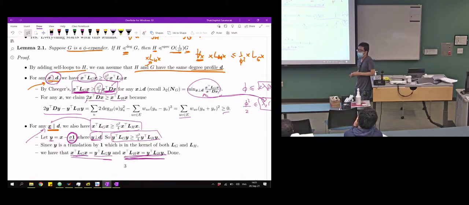You did something similar in the previous lecture, as part of the proof, to prove the hard direction. Or the easy direction, I'm not sure which one.